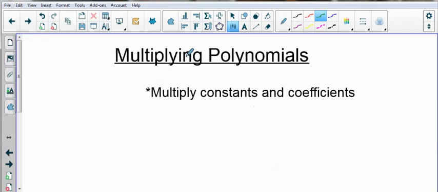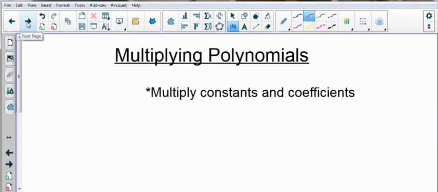So in order to multiply polynomials, first, you multiply all the constants and coefficients. As you remember, or might remember if you watched the other video, your constants are numbers just by themselves, but the coefficients are the numbers right in front of a variable or right in front of a letter. So you're going to pull all of those out and multiply them together, and you'll see that in the examples.